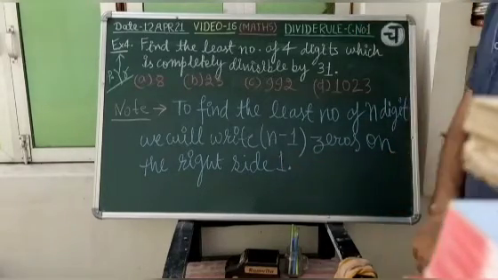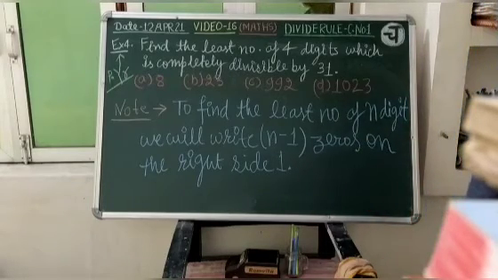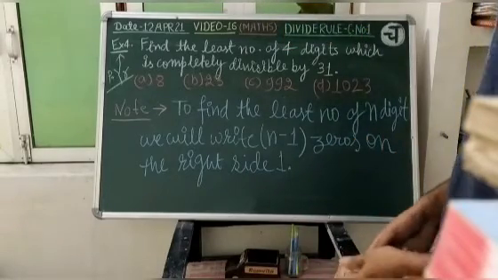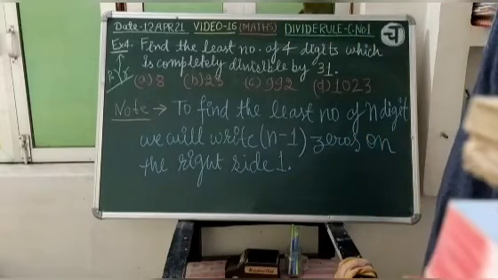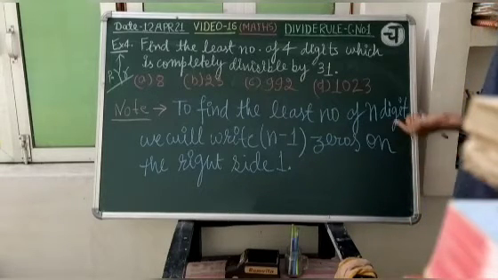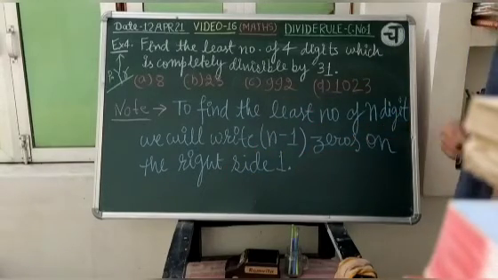I have told you this in the very first video of this number system. Number system is such a big chapter. So to find the least number of n digits, we will write n minus 1 zeros on the right side of 1.